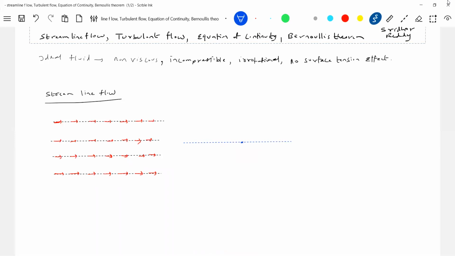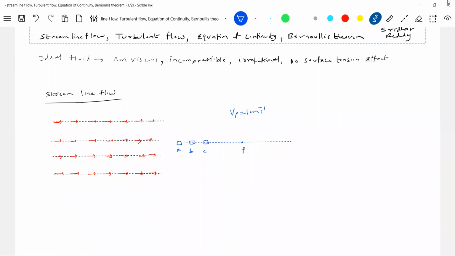So there's a point P I picked up, and there are three particles I'll pick up: particles A, B, C. Then any particle that passes through point P must have the same speed and direction. Suppose the velocity at point P is 10 meter per second.